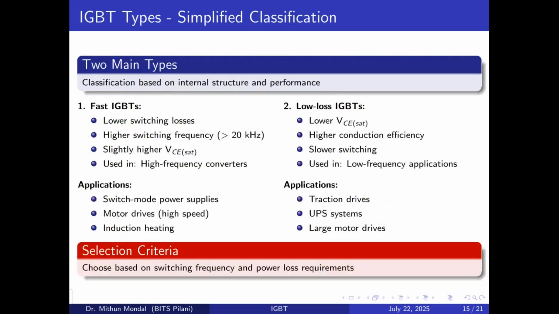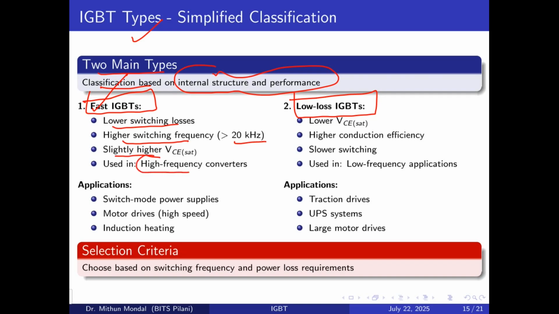What are the types of IGBT? Two main types we will be taking, and this classification is based on the internal structure and performance. One is the fast IGBT and the second is the low loss IGBT. When we say fast, it has lower switching losses, higher switching frequency greater than 20 kilohertz, and slightly higher collector to emitter saturation voltage.